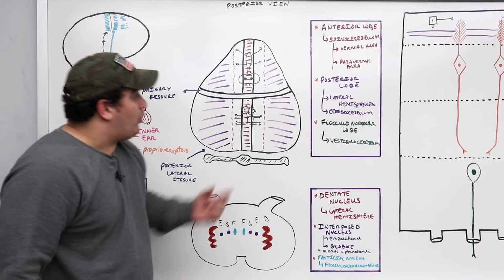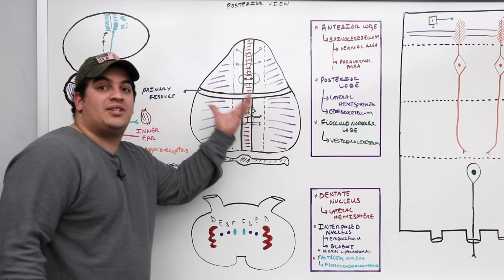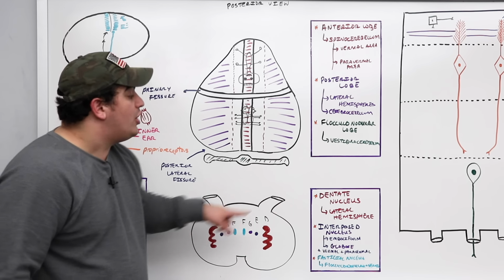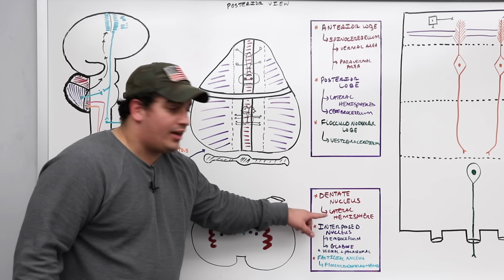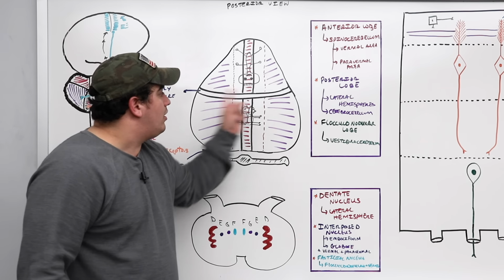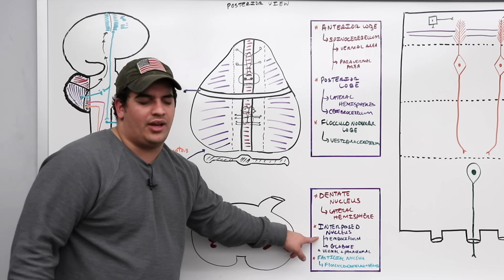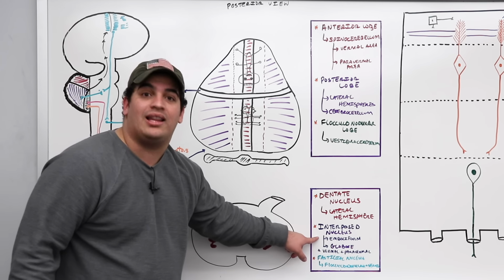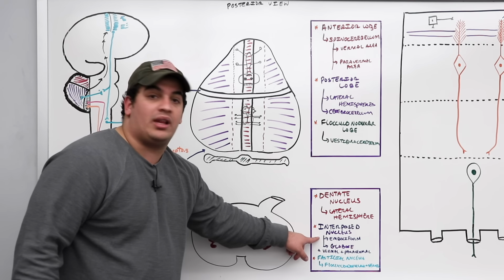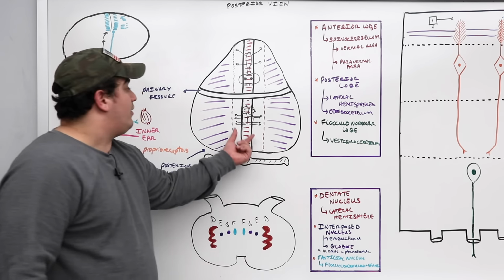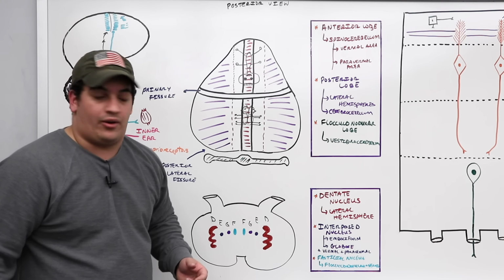If we dig in deeper and correlate the nuclei with these functional lobes, we have the dentate nucleus with the cerebrocerebellum, right? But specifically the lateral hemispheres. The interposed nucleus is the globose and emboliform nucleus. These are going to be related with the spinocerebellum, taking into consideration the vermal and paravermal area.